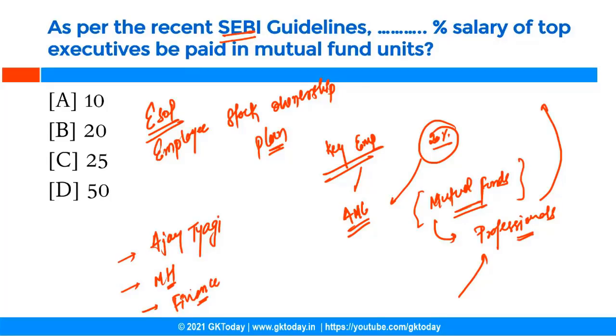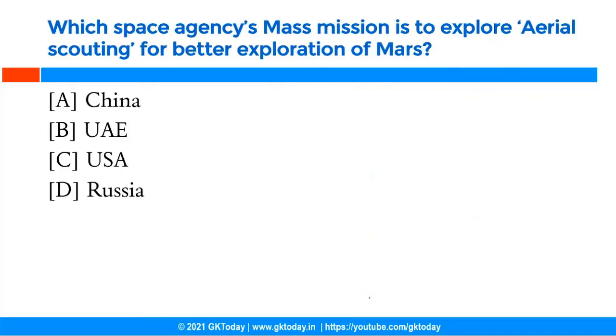Sebi was given statutory powers in 1992 through Sebi Act of 1992. Please note that this circular related to this 20% salary will be effective from 1st of July in 2021.